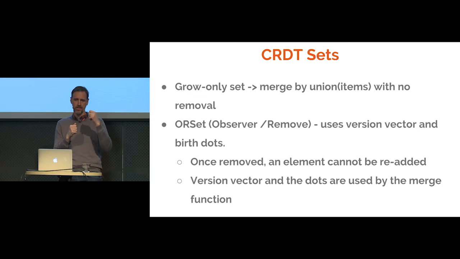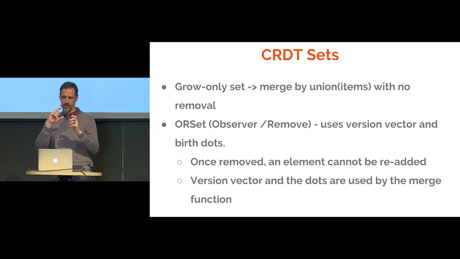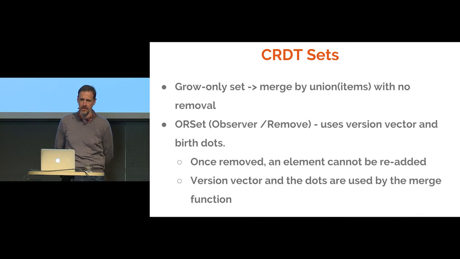I can have a set that only observes that things have been added, another set that's only observed what's been removed, and then I can keep track of the final state of my set. Internally, for the actual implementation, they use something like version vectors and birth dots to arrive at a final, convergent value. What's interesting about OR sets is that once removed, an element cannot be re-added. So that's one way I'm resolving these conflicts in this distributed system.